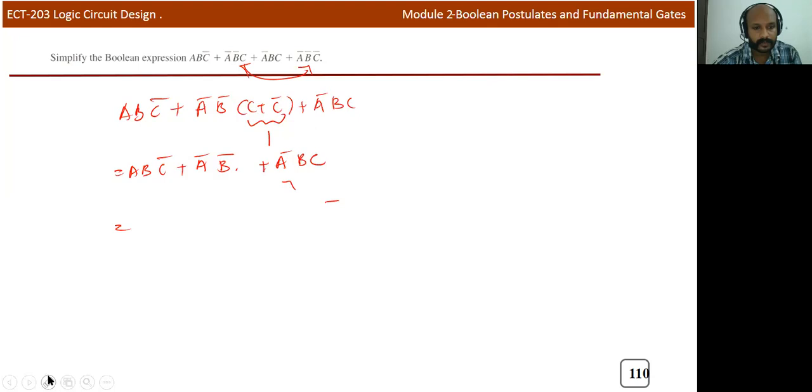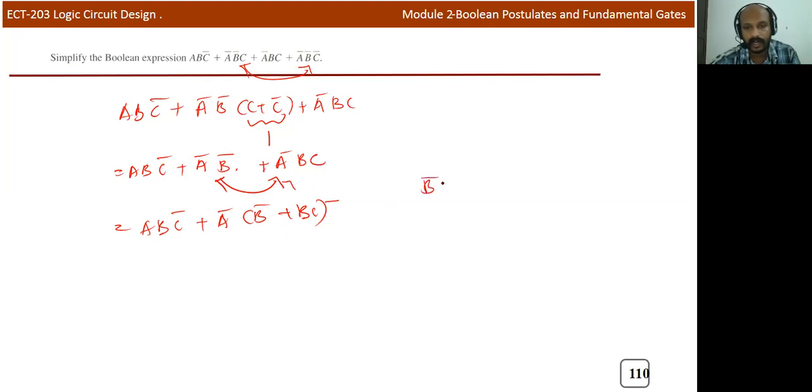I think it is better if you take it like this, a b c bar, and if you take a bar here, it becomes b bar plus bc. If you group these, if you take a bar common from the last two terms, this will be easier. So here is a term b bar plus bc, and you can apply the redundant literal rule, b bar plus bc, which is equal to b bar plus c.